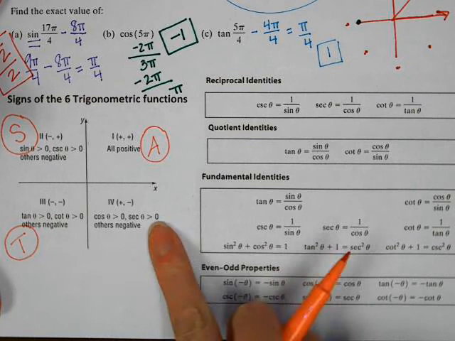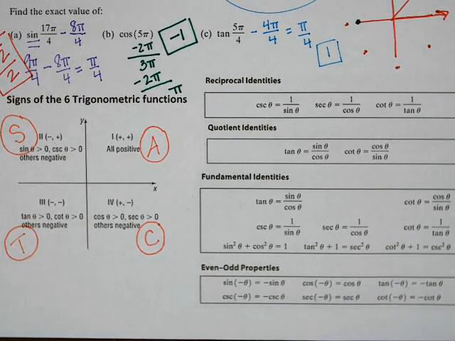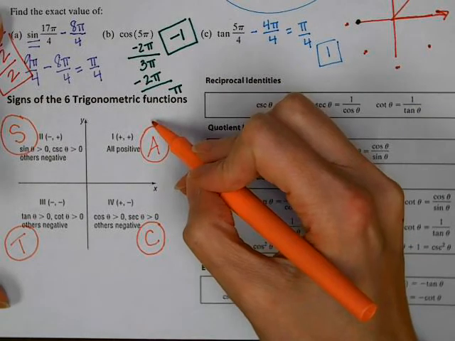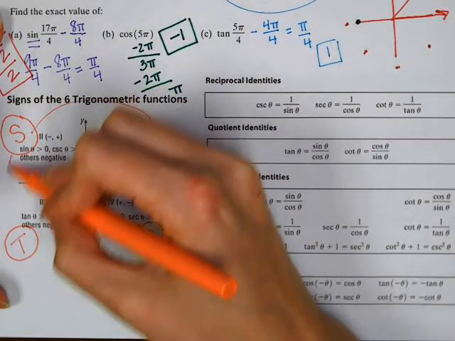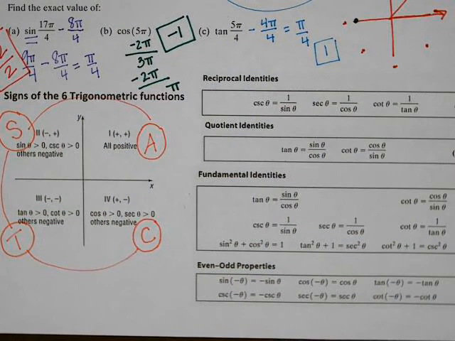And in the fourth quadrant, only cosine and its reciprocal are positive. Some people remember this by saying all students take calculus. It's just a way to know which trig functions are positive where. So that's kind of helpful.